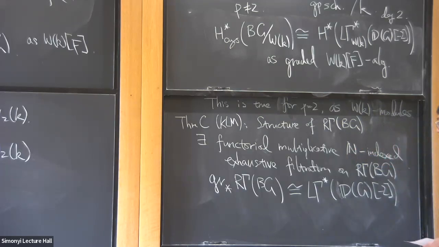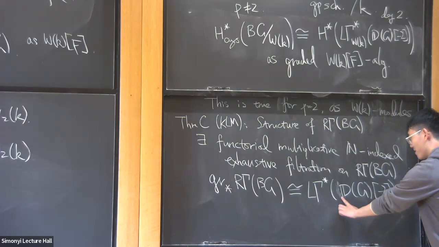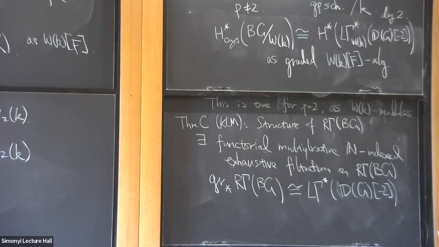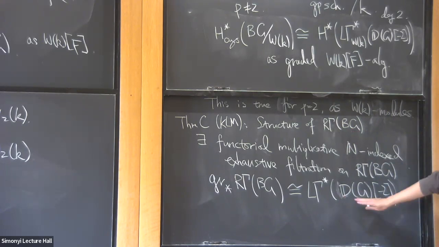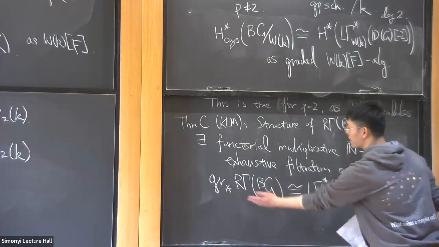I need to explain the meaning of this Dieudonné module. So basically, what I'm claiming here is that given your favorite cohomology theory, as long as it's not too terrible, you can extract out of G some very natural module called DG, a module over your coefficient ring. And then if you put this module in degree 2 and look at this derived divided power algebra, that would be this graded algebra.